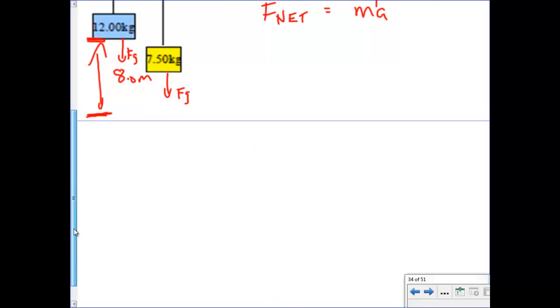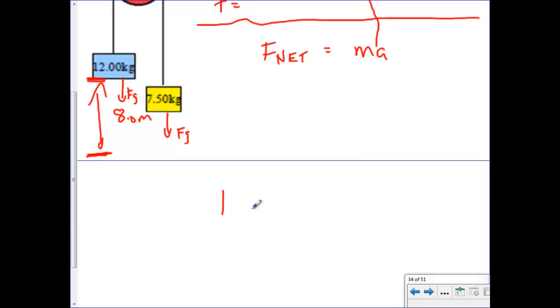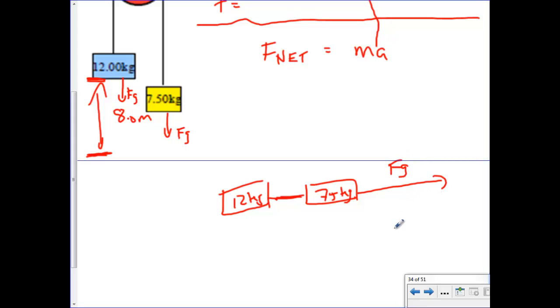Okay. One way of approaching it is to change the layout of the question. Would it make sense that you've got a 12 kilogram box attached to a 7.5 kilogram box? Only rather than putting them over top of a pulley, I'm going to put them side by side. The 7.5 kilogram box is getting pulled in one direction by gravity.